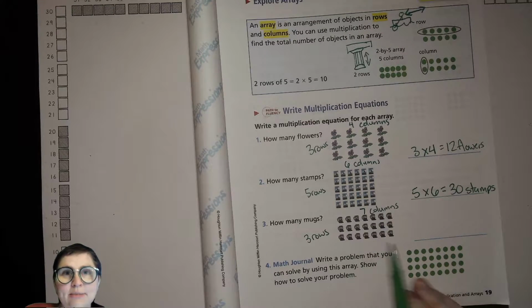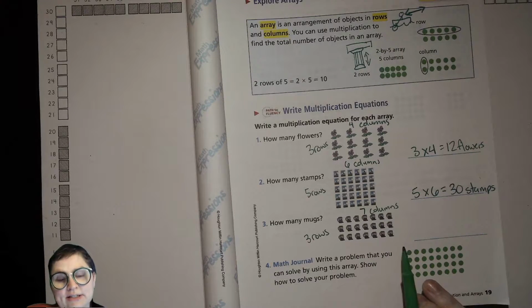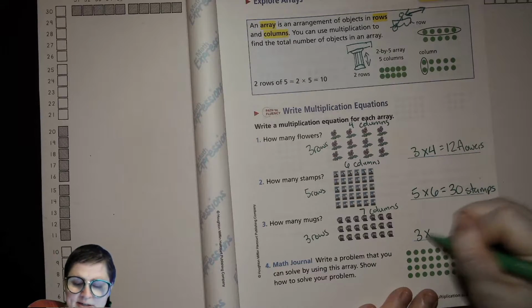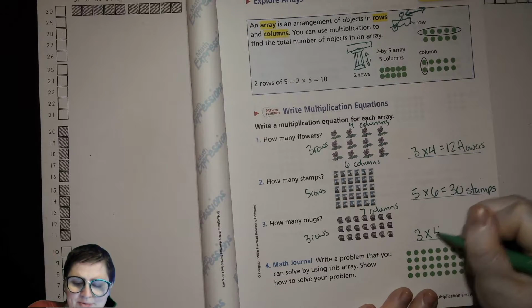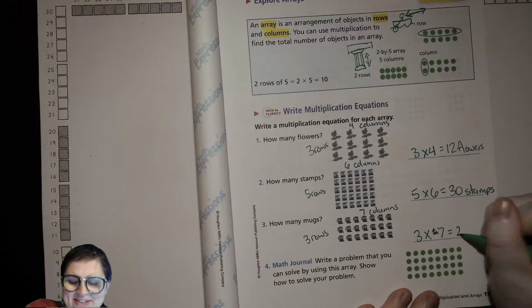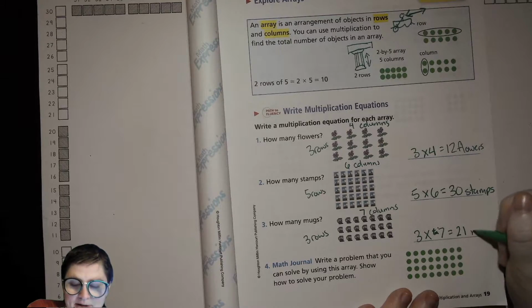And then 14 plus 7, 4 plus 7 is 11. So then now you have 2 tens, so 21. 3 times 7 equals 21 mugs.